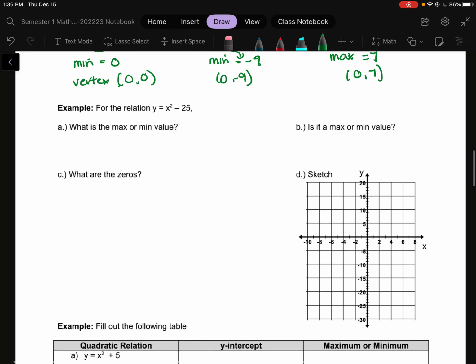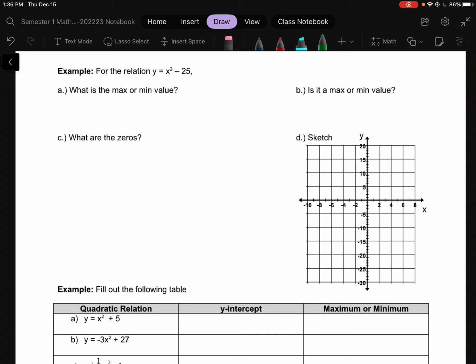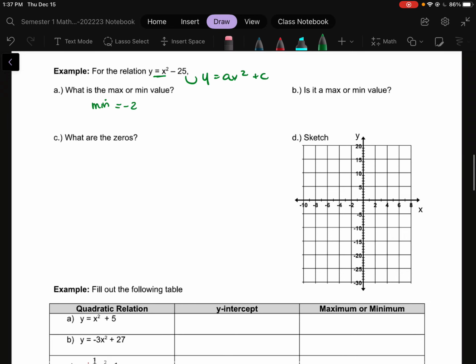All right, let's do this example together. So we have the following relation. This is in the same format as y equals ax squared plus c. So is it a max or a min? In this situation, we know the coefficient is positive 1. So that means it's going to be a min because it's positive, and the minimal value is right here, -25.